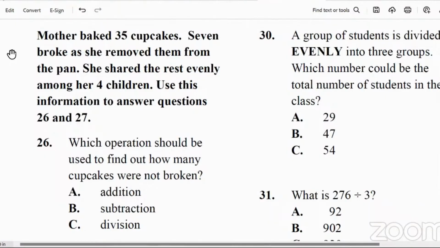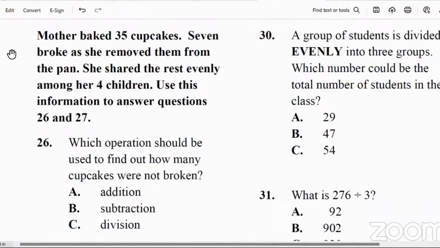Which operation should be used to find out how many cupcakes were not broken? How are we going to find out how many cupcakes were not broken? We have the total that she baked, and we know how many broke.